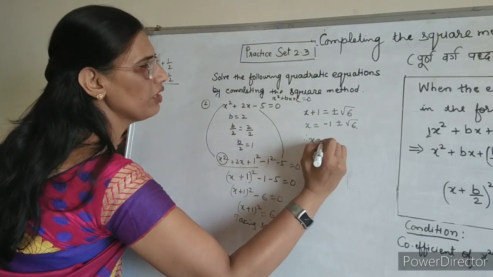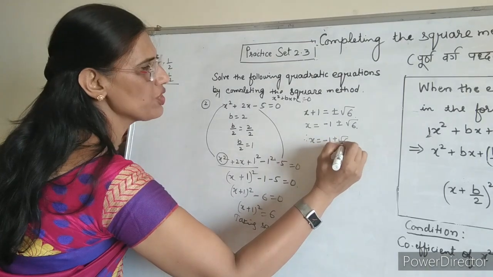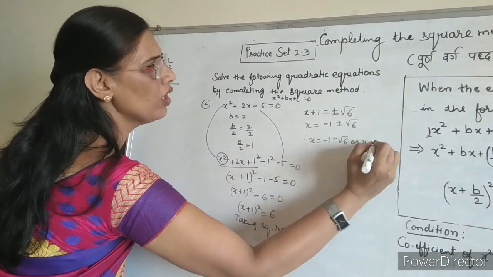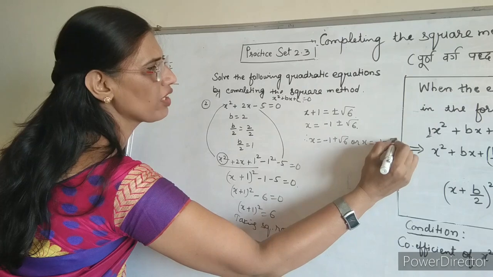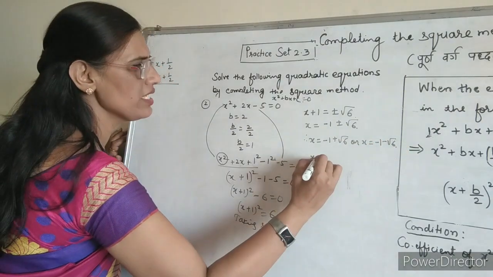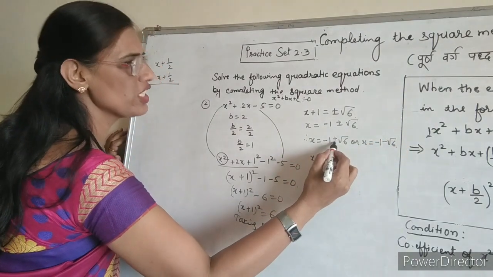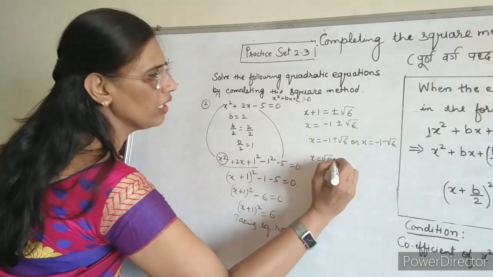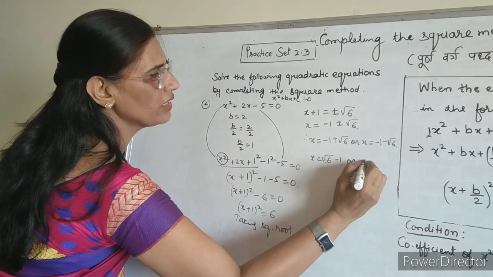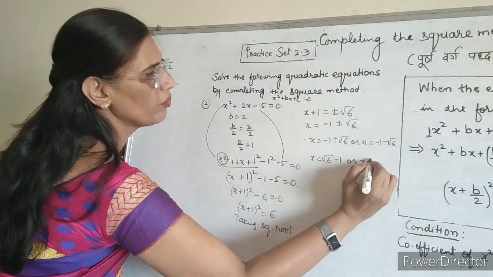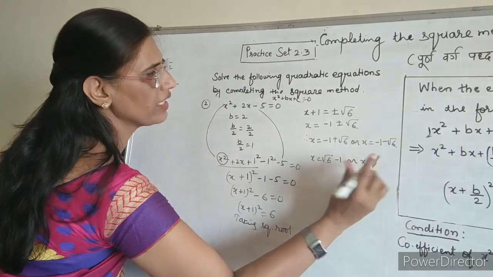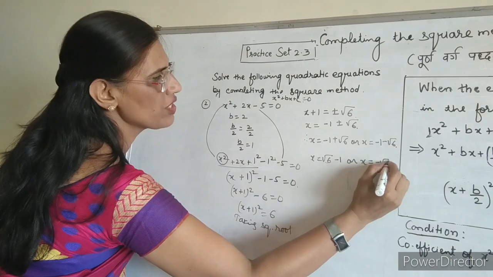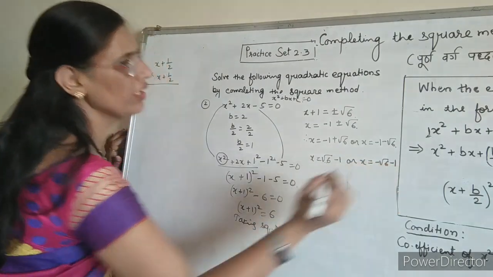Therefore, we get x is equal to minus 1 plus square root 6 or x is equal to minus 1 minus square root 6. Or you can write this as square root 6, since this is positive, we will write it in the beginning, or x is equal to minus 1 as it is. Minus square root 6 minus 1 as it is.